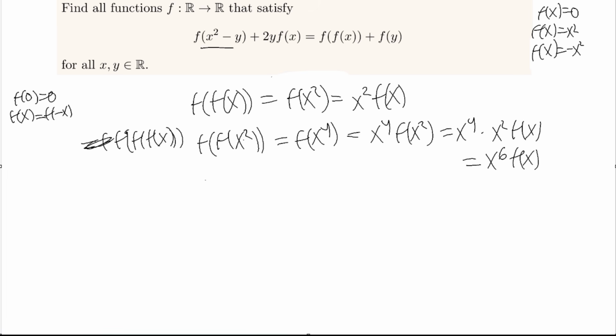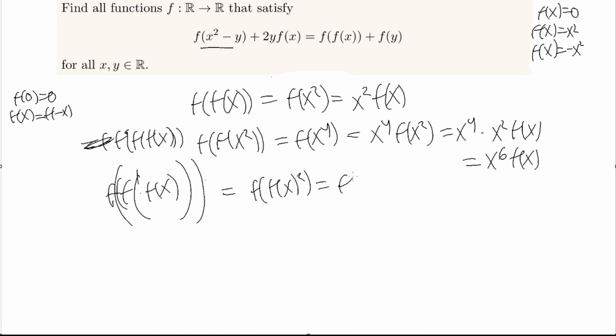Now another way we can evaluate this is that we do f of f of f of x. So we're basically plugging in f of x into f of f of x. And when we do that, we get, by the identity, f of f of x squared, which is also f of x squared f of x.